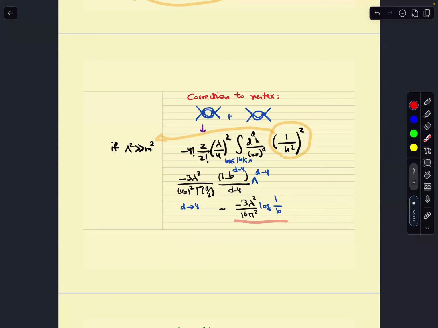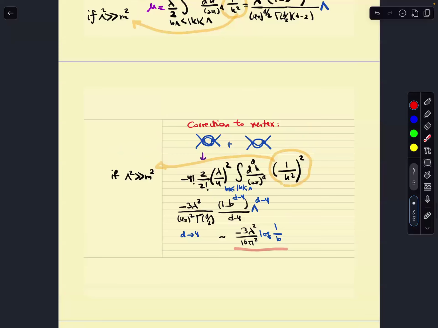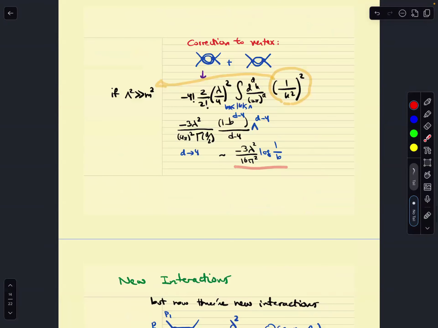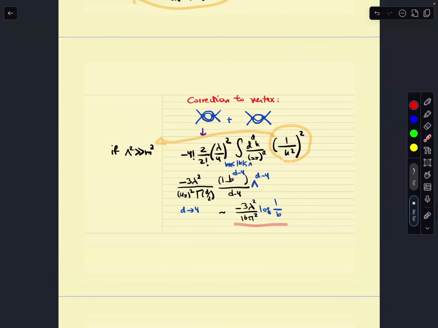Over 16 pi squared log of 1 over b. B, if you recall, is a number smaller than 1. So log of 1 over b is a positive number, right? And it's close to 1 because we're infinitesimally close to 1, since we're performing a thin momentum shell integral. So this is what the result of it is. Any questions?